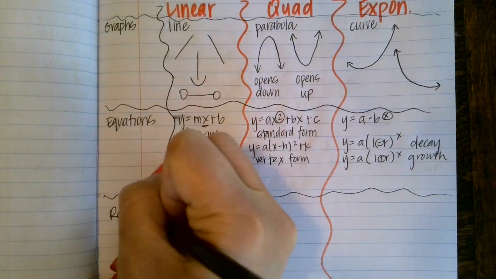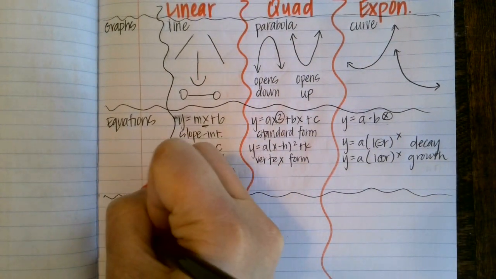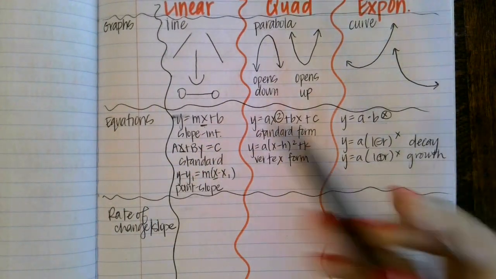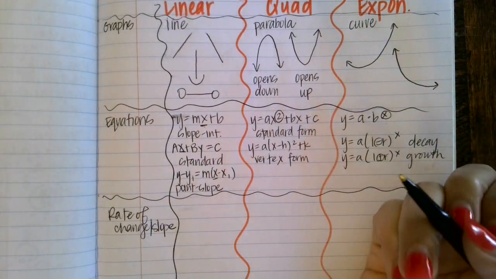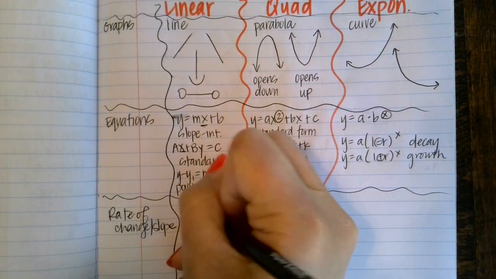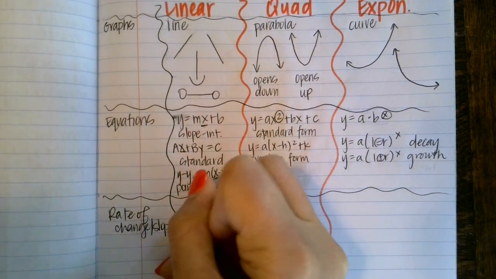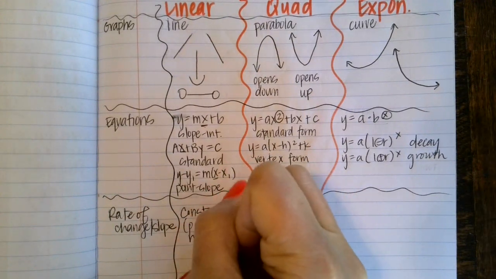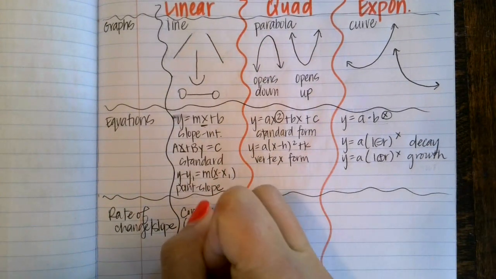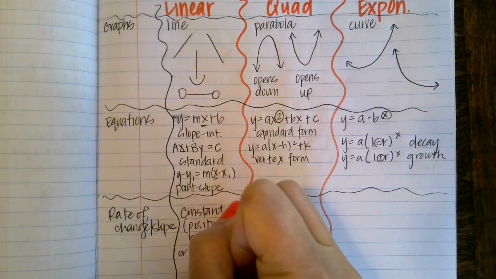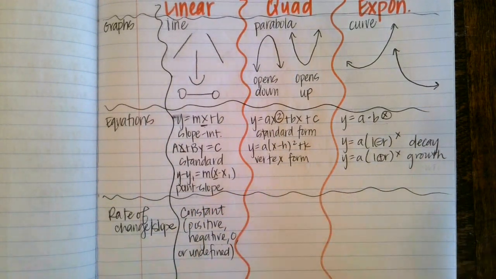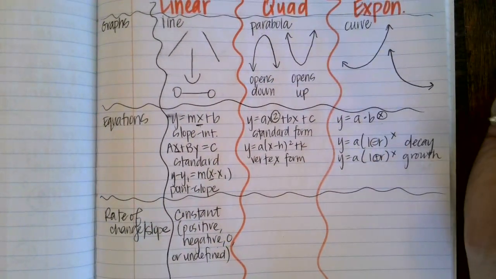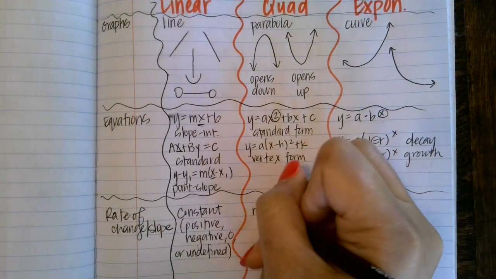Now let's differentiate based off of the rate of change or slope. When we look at lines, the rate of change or the slope is constant for linear terms. It's either positive, negative, 0, or undefined. For a quadratic equation, the rate of change, or how the variables change over time, is not constant.